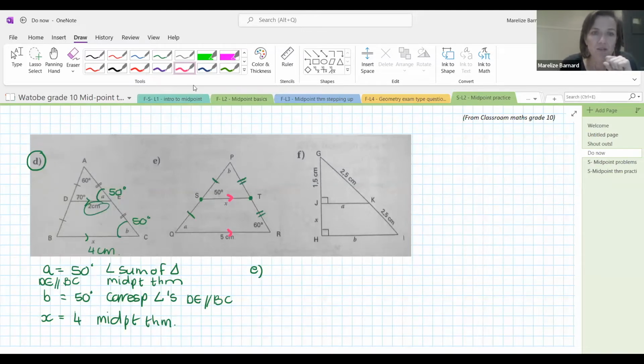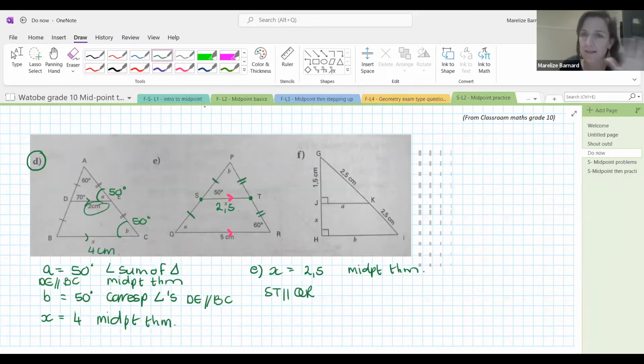So we can start with X. X is equal to 2/2 of 5, so that's going to be 2.5. Reason, the midpoints are given, so we use the midpoint theorem. Okay, so that's 2.5. Then we can do ST is parallel to QR.